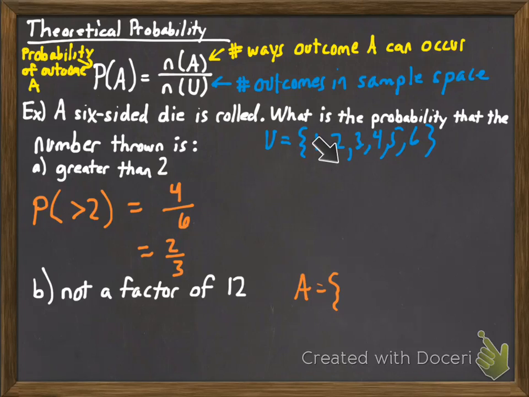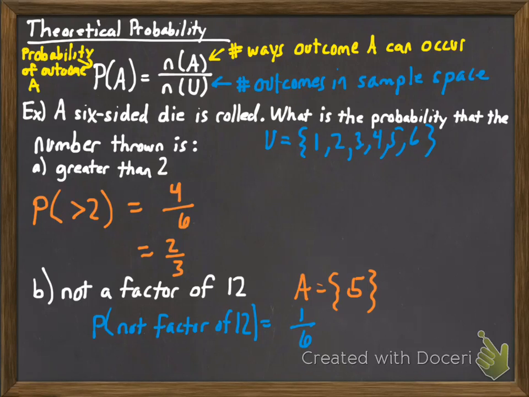Well, 1, 2, 3, 4, and 6 are all factors of 12. Only one digit from 1 through 6 is not a factor of 12, and that's 5. And so the probability of rolling a number that's not a factor of 12 is 1 out of 6, because only one of the 6 possible outcomes was not a factor of 12.